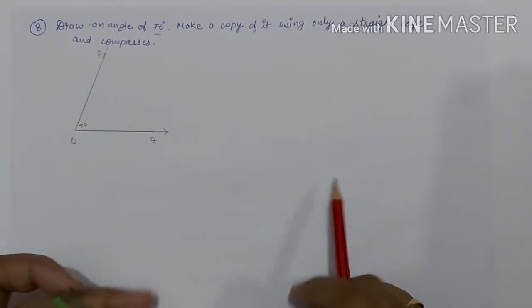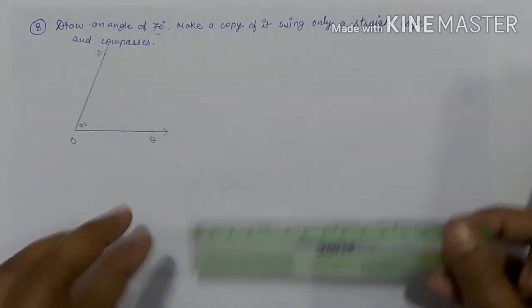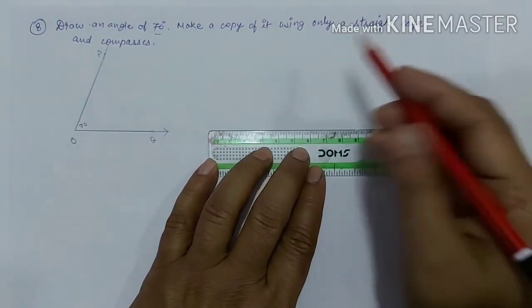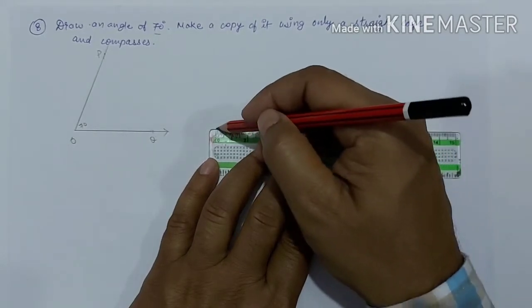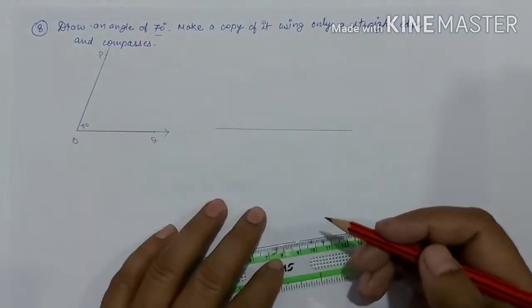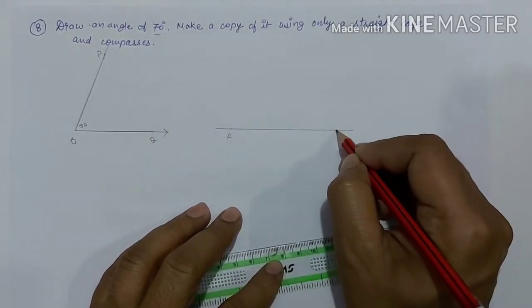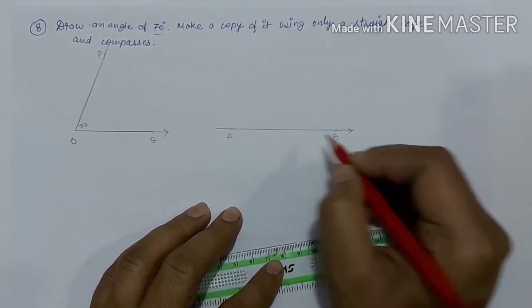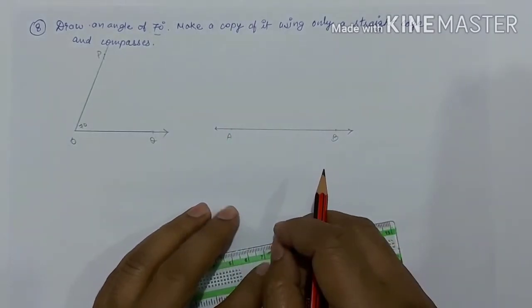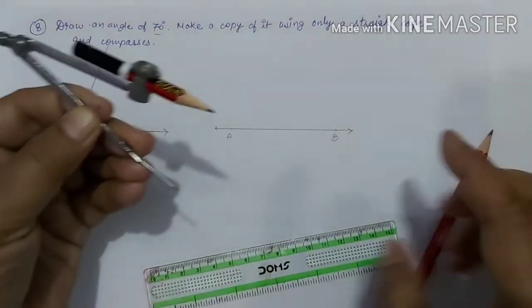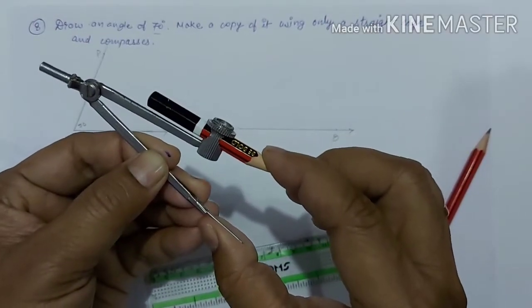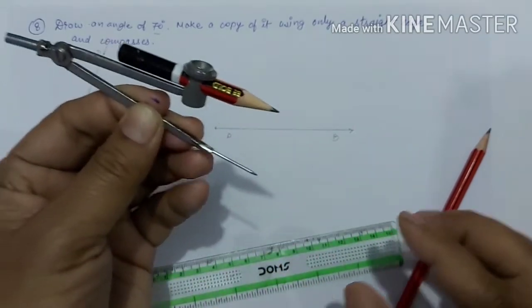Okay, up next will be copying it. First we draw a straight line, with points A and B. Okay, and use the compass with any radius.